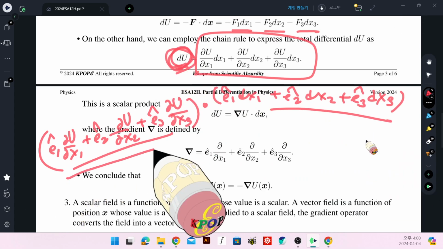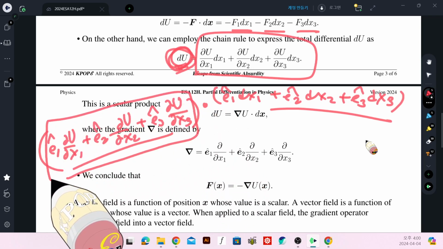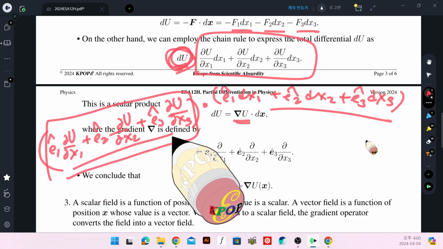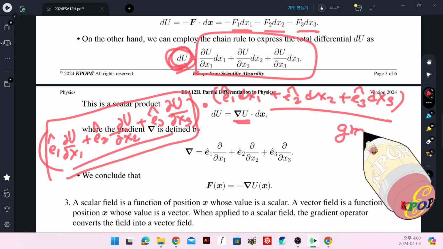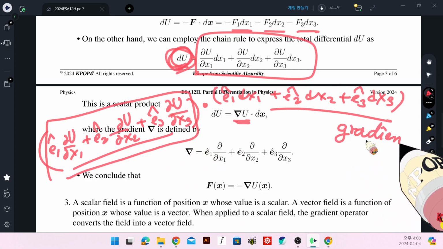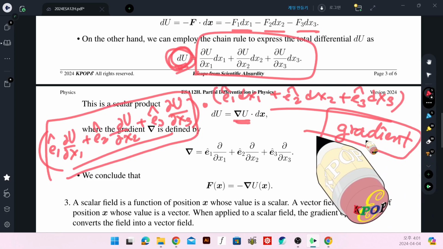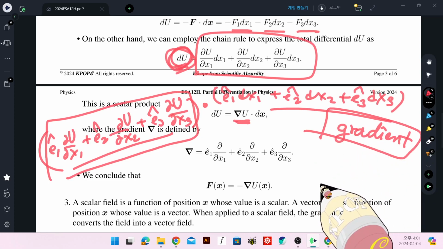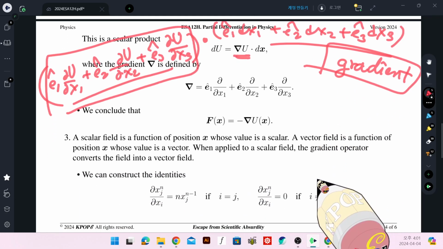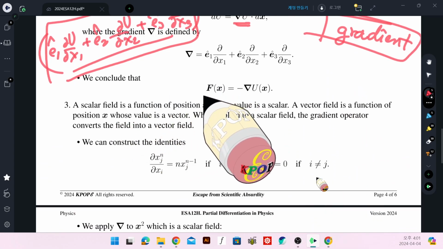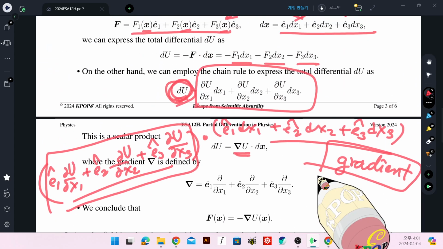We define this first factor as the gradient. It is a three-dimensional slope, a vector gradient operator. We conclude that the force is the force here.